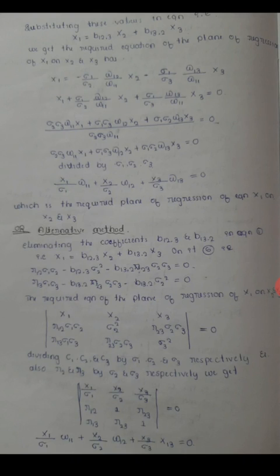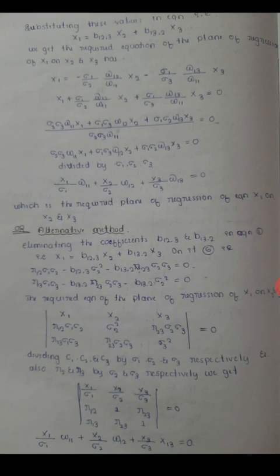Now dividing columns C1, C2 and C3 by sigma 1, sigma 2 and sigma 3 respectively, and also rows R2 and R3 by sigma 2 and sigma 3 respectively, we get the determinant: first row x1 upon sigma 1, x2 upon sigma 2, x3 upon sigma 3. Second row r12, 1, r23. Third row r13, r23, 1, equals 0.